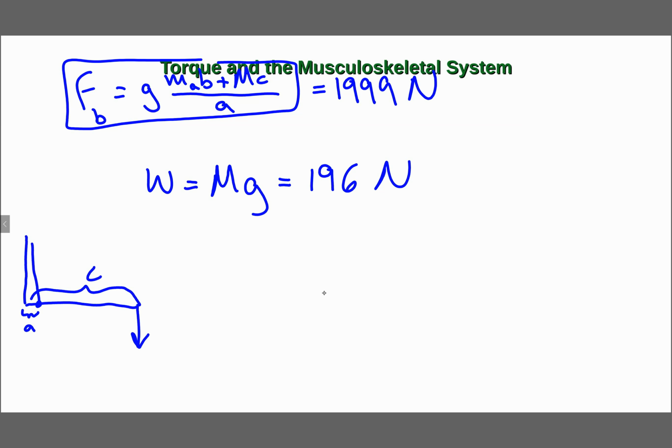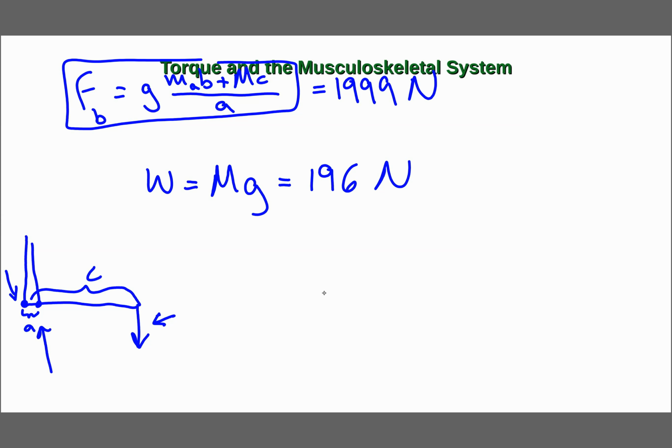So if I'm pivoting around the joint right here, then to make this thing turn, I have to apply a much bigger force than this force, because the torque is dependent on both my distance from the axis of rotation and the force applied, right?